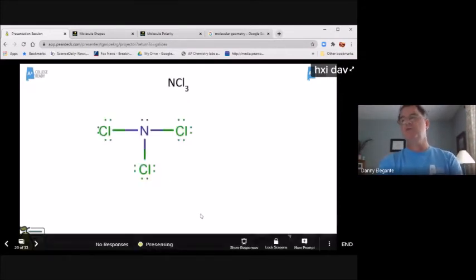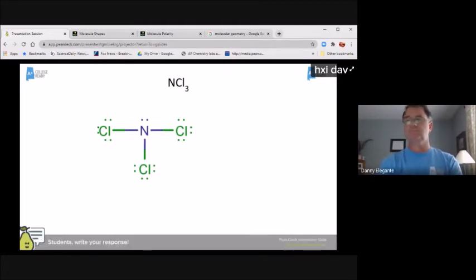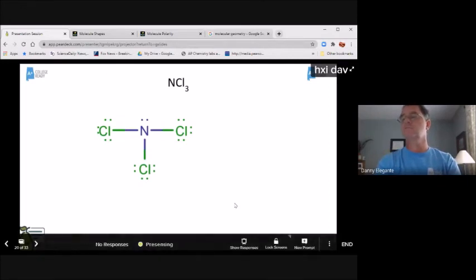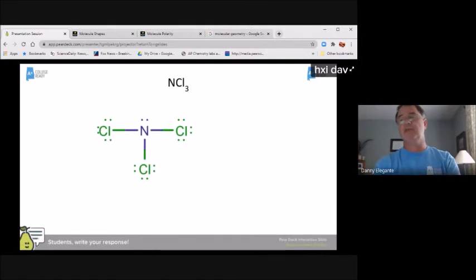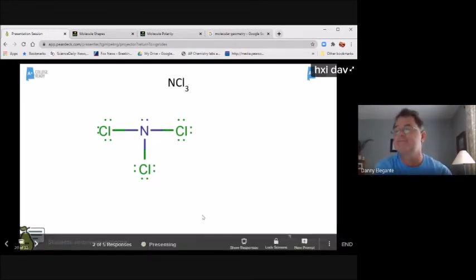All right, what shape do you think this one would be if you had to guess? If you think it looks like a T, or if you think it looks like maybe that flat trigonal planar thing or something like that, you can write that.